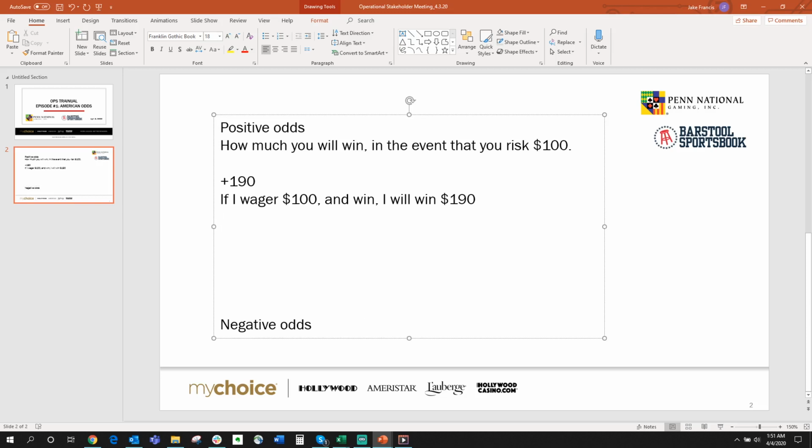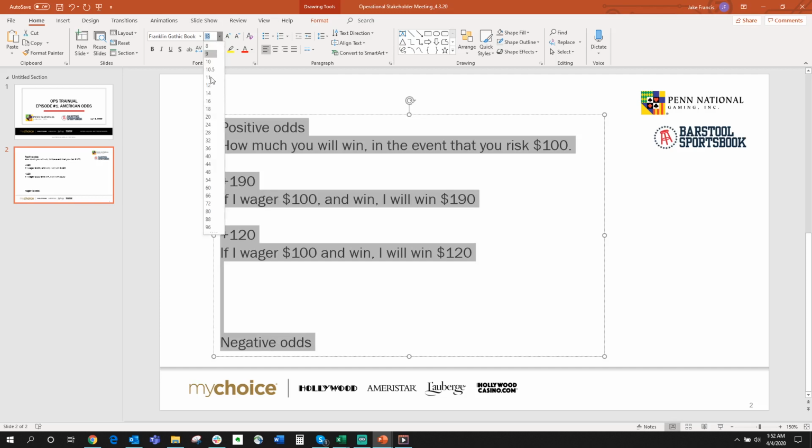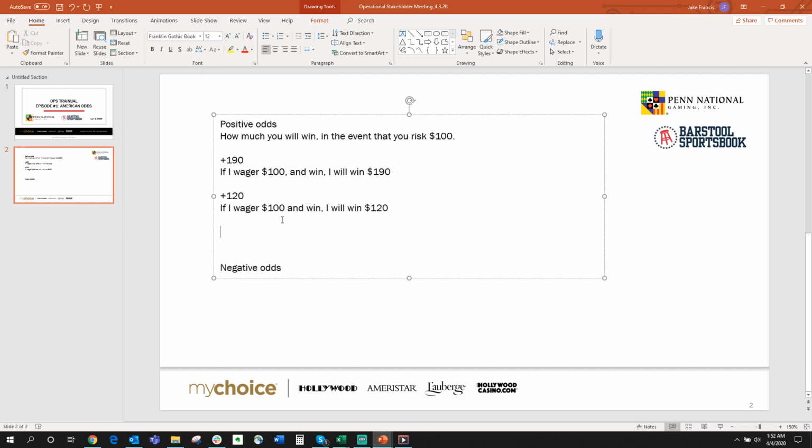The same holds true with any positive odds. If I wager $100 and win, I will win $120. Now, there will be times whereby we have what is called an underdog, or a team that is expected to lose the match or game.